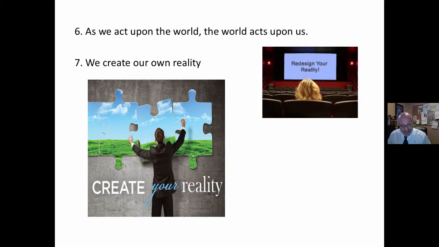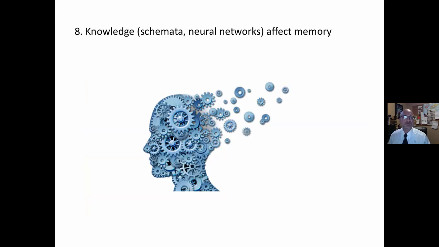So we create our own reality. The world we experience is formed by our perception, but our perception is formed by our experience. So it's this circular thing. Perception both affects and is affected by the world as we experience it.